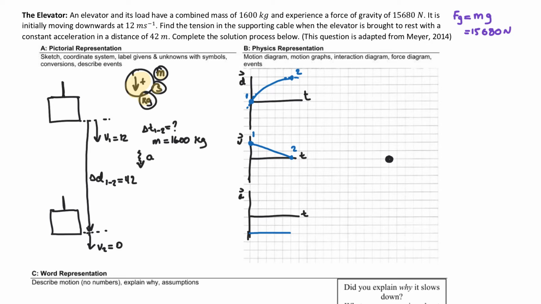Now, for the force diagram, looking at our object during the time that it travels, we basically have it interacting with Earth. So with Earth, it will pull it downwards, and that's going to be the gravitational force. And it's not interacting with anything on these sides. There's also an interaction here with the rope, which will be pulling it upwards. Since we know that it's going to get slowed down, we now have to start drawing the force diagram properly with proper magnitudes.